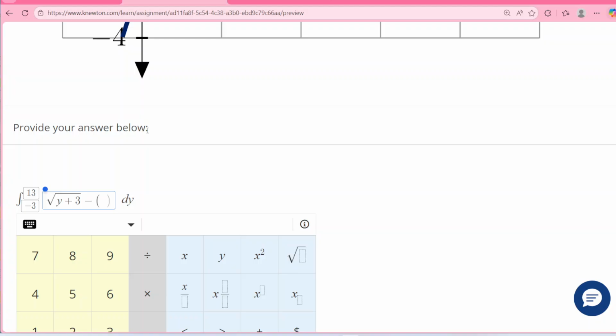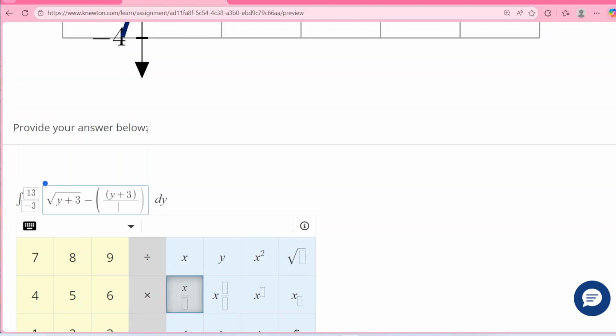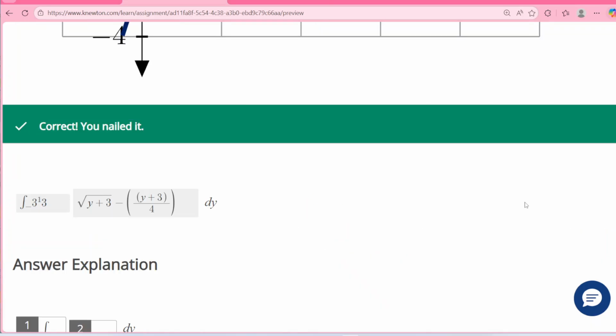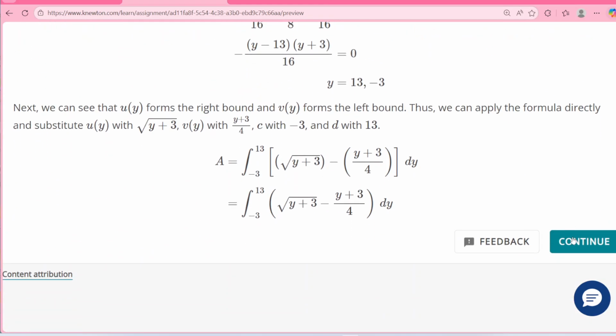So again, the y plus 3 over 4. That should be good. Don't evaluate it, right? Just plug the stuff in.